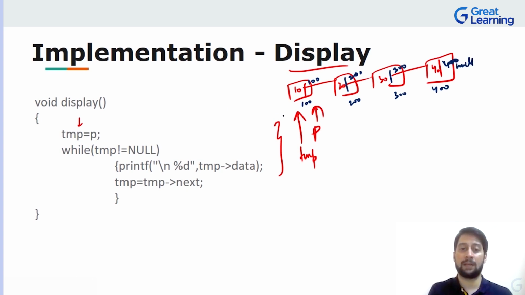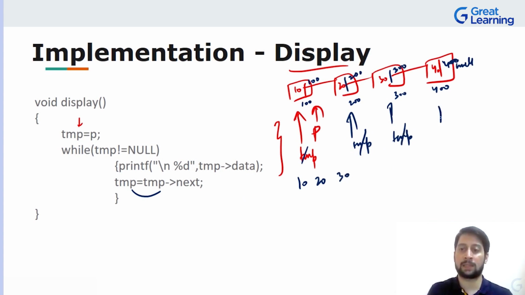You have temp pointing to the first node. You check: is temp null? No, it is not. Print temp's data, that is 10. Then move your temp pointer ahead. Temp is pointing to this now. Is temp null? No, it is 200. Print temp's data, that is 20. Move temp ahead. Is temp null? No, it is 300. Print temp's data, that is 30.